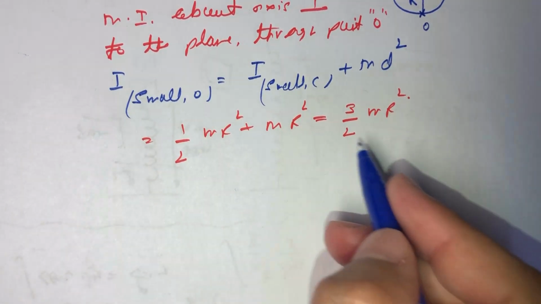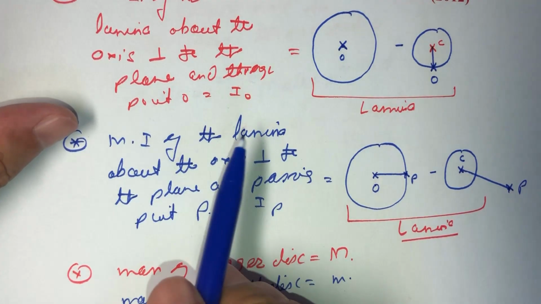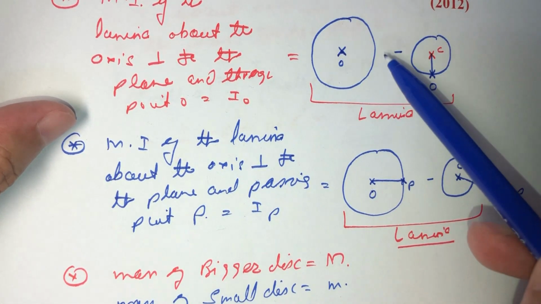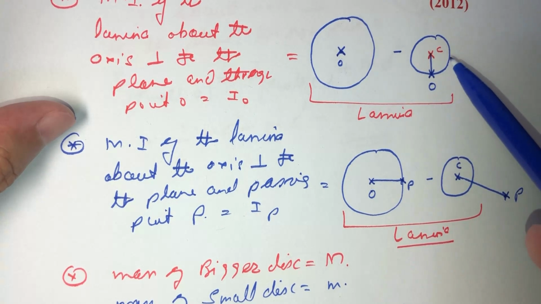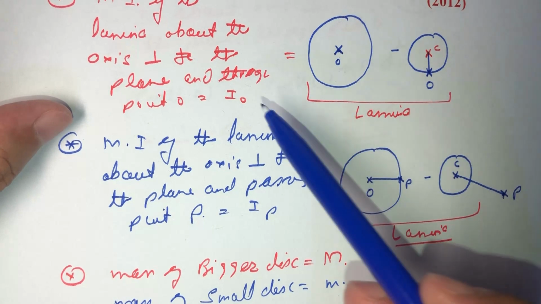So this is our I small, and I naught will be the difference between the moment of inertia of the bigger disk about point O minus the moment of inertia of the smaller disk about point O. This will be our I naught.